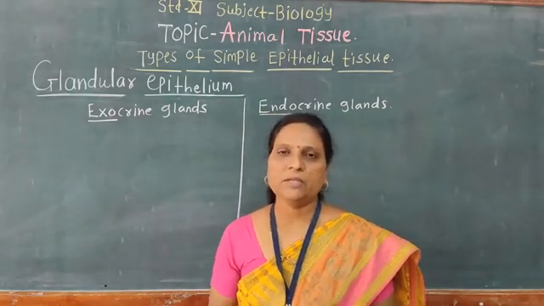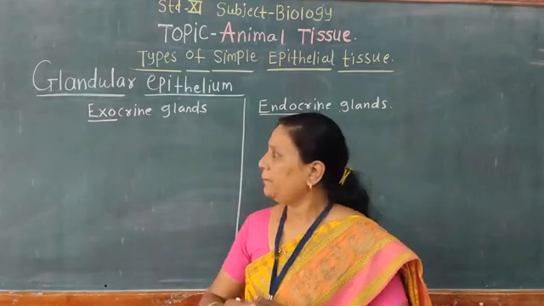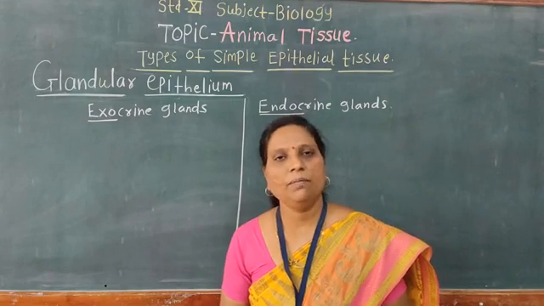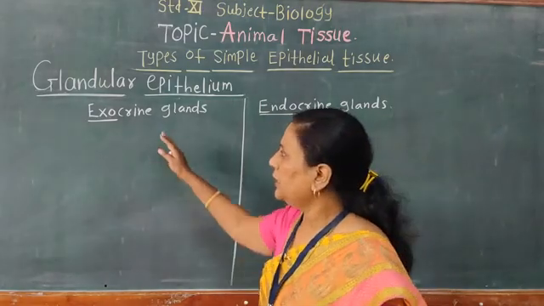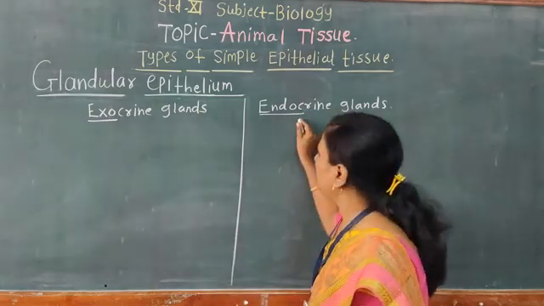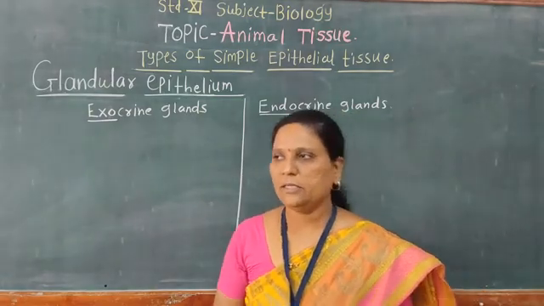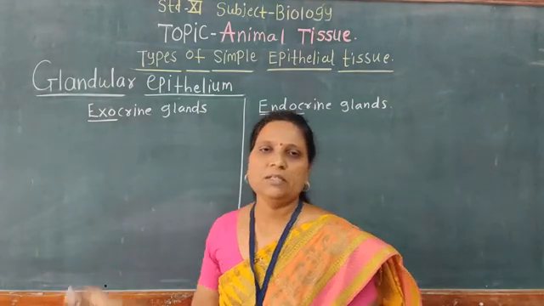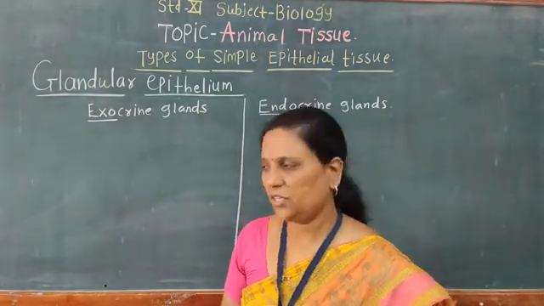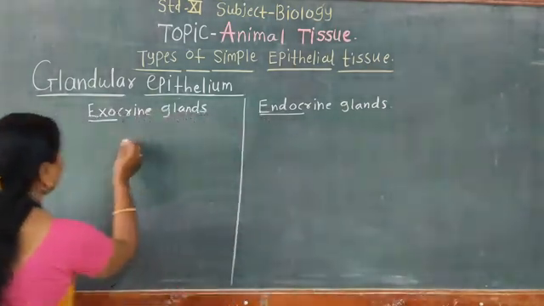So there are various types of glands, and depending upon the presence or absence of ducts to carry their secretion, they are of two types, that is exocrine glands and second, endocrine glands. The exocrine glands are the glands which bear ducts to carry their secretions. They are called exocrine glands.